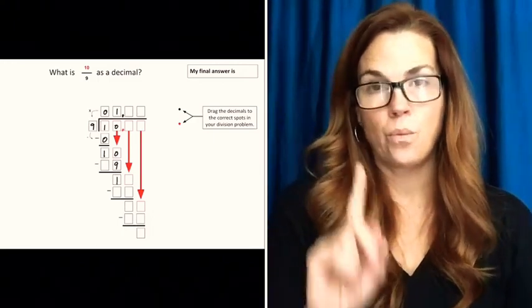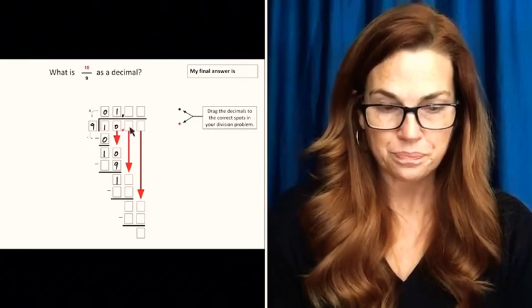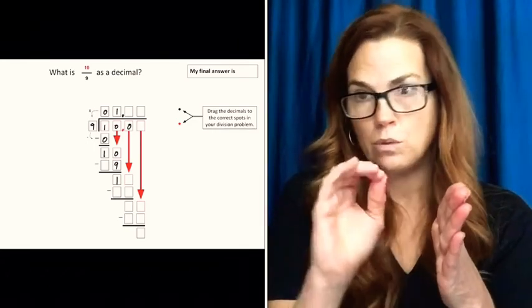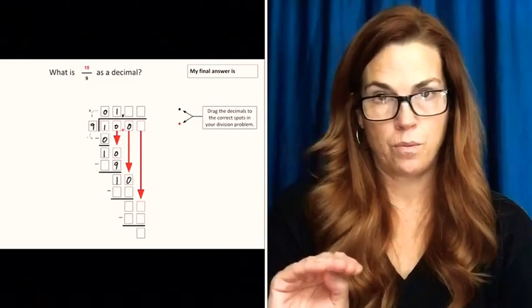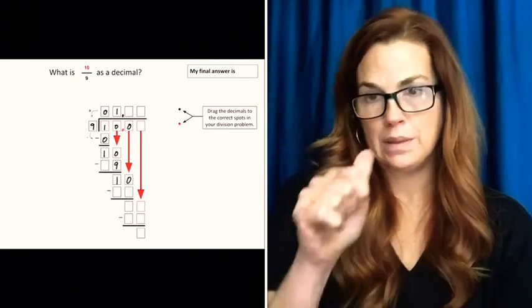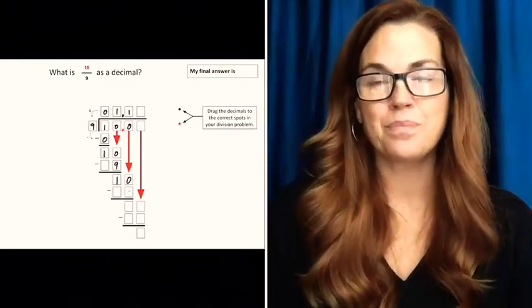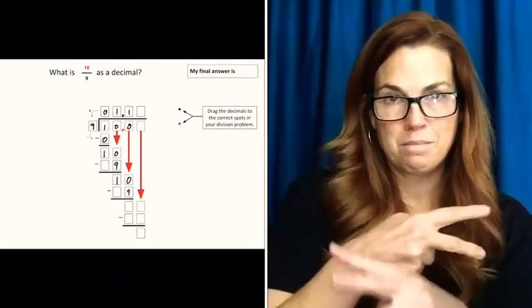Okay, so since we're after our decimal here, and there's no number, I'm going to plug in a 0 and bring it down. Okay, how many times does 9 go into 10? The answer again is 1. 1 times 9 is 9. 10 minus 9 is 1.